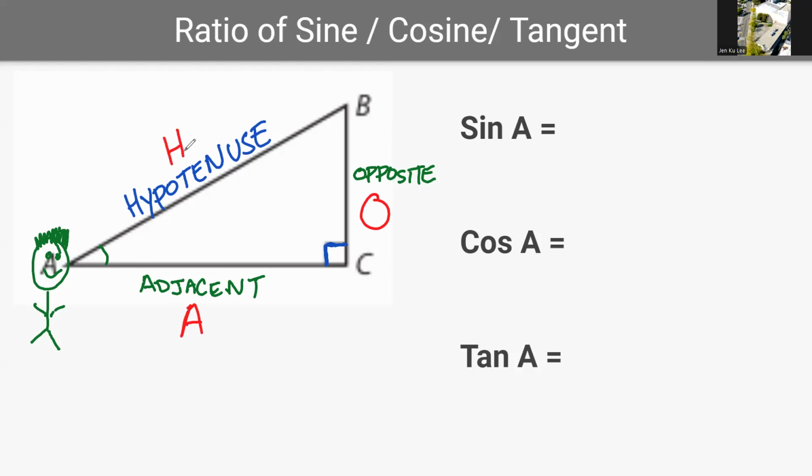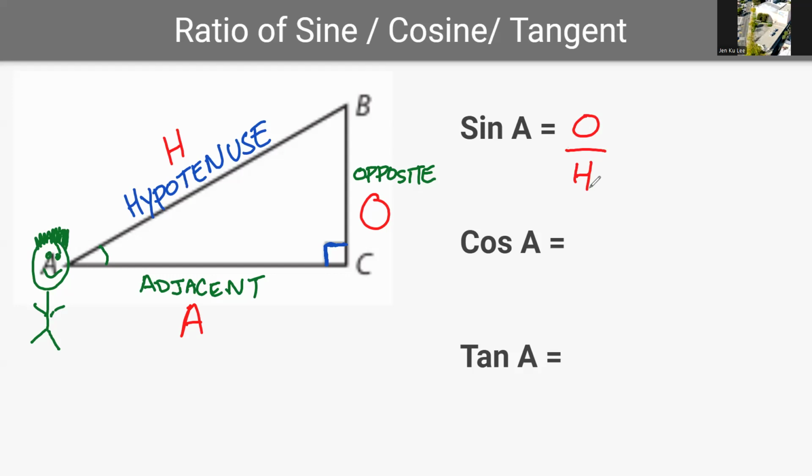Okay? So like I said before, sine, cosine, and tangent are just ratios of the sides. So the sine of angle A is always going to be opposite over hypotenuse, O over H. That's the ratio.